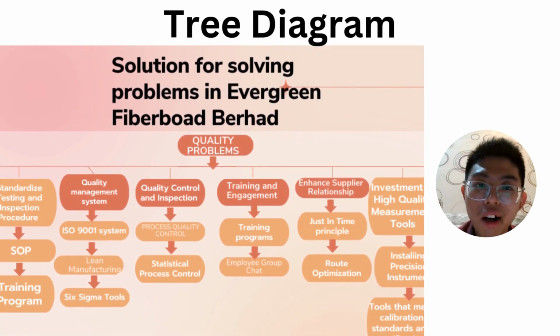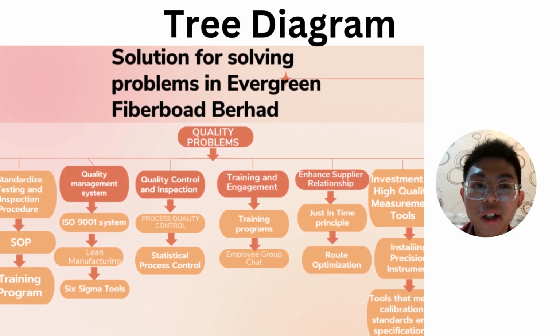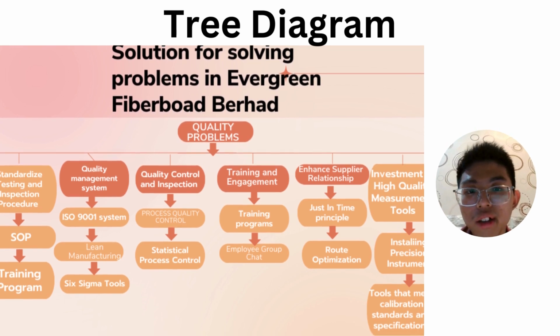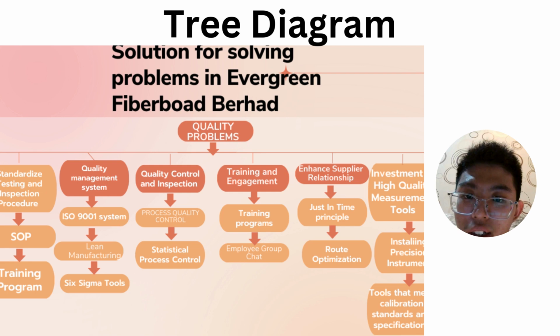Next, I would like to talk about how Evergreen solves their quality problems. First of all, Evergreen can develop a standardized testing and inspection procedure, which is SOP and training program. Next, Evergreen can develop a quality management system, which is ISO 9001 system, or use the lean manufacturing principle and the Six Sigma tools.